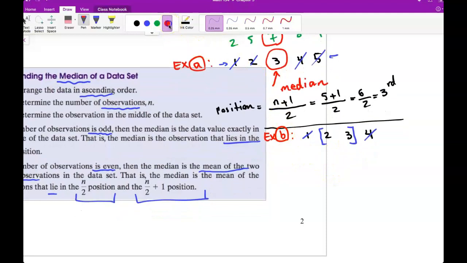To find median is equal to, adding these two, 2 plus 3, then divide by 2. So 5 divided by 2.